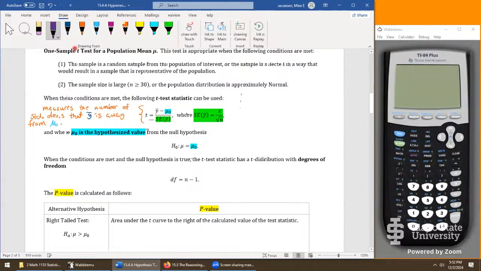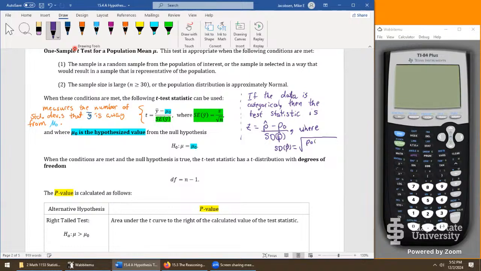One thing we should mention here is if the data is categorical, then the test statistic is z equals p-hat minus p-naught divided by standard deviation of p-hat, where standard deviation of p-hat was this expression, square root of p-naught times 1 minus p-naught divided by n. So that's how we got our test statistic in section 15.3.